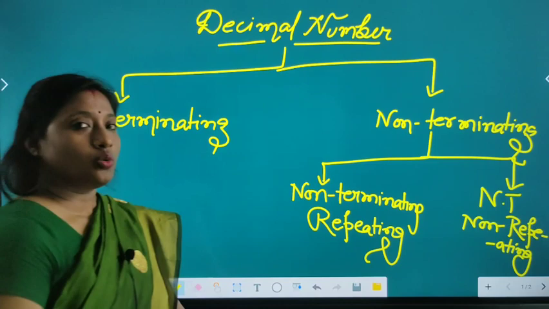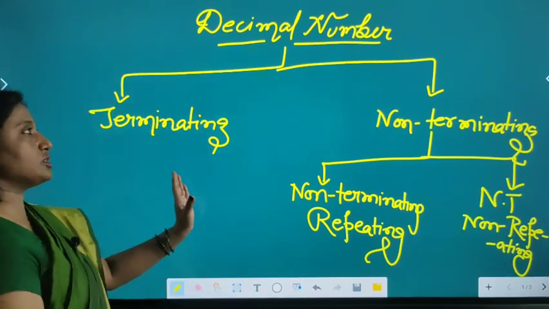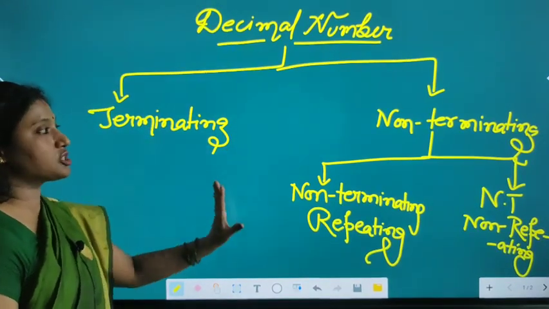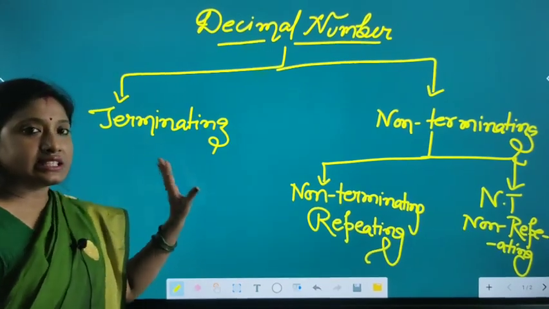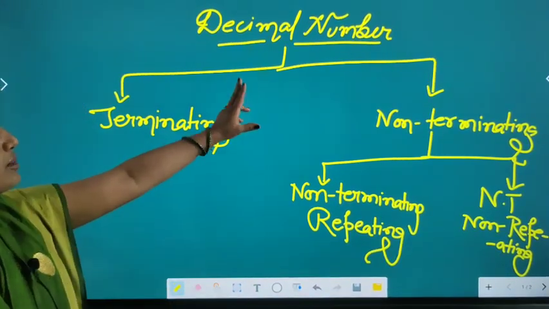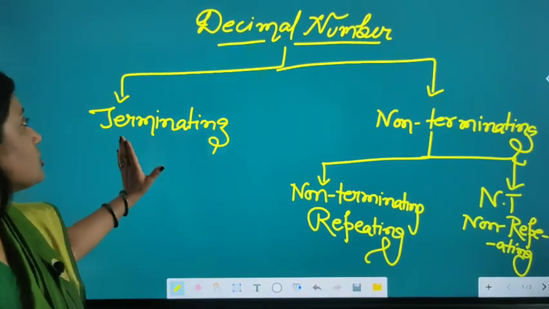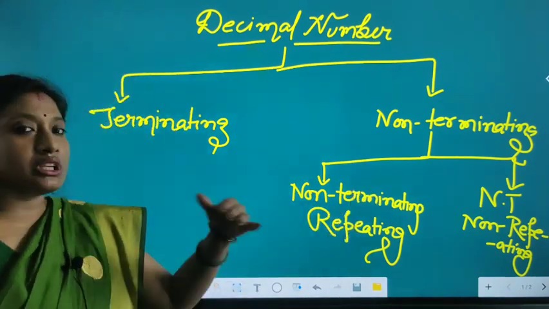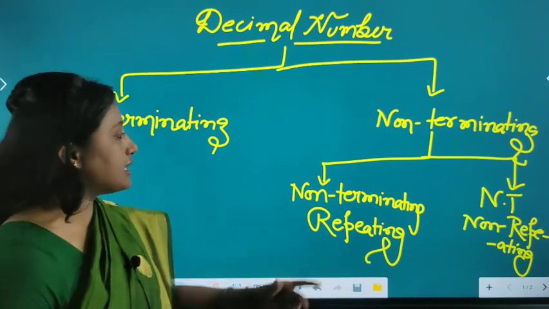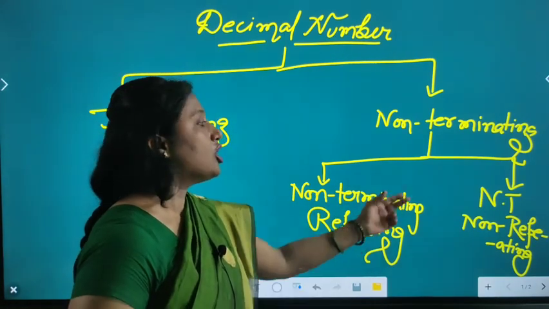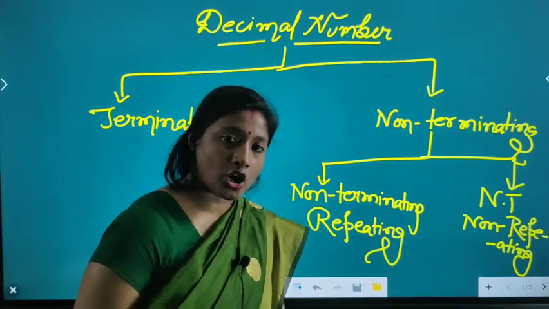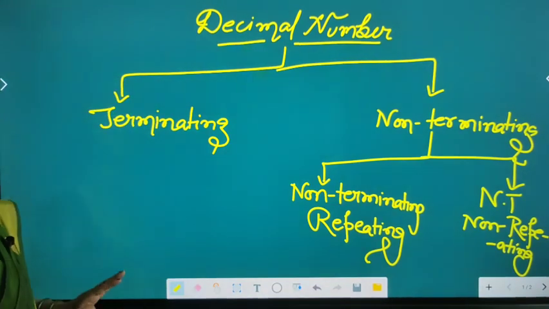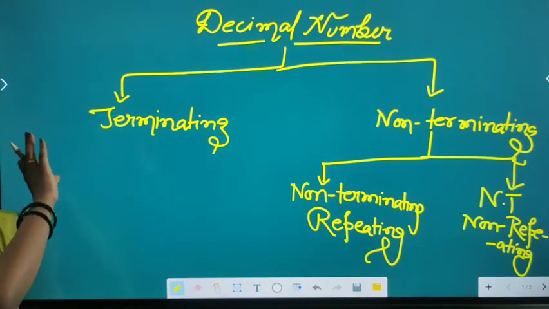What I have explained just now, I have made into a flow chart so that you can easily grasp this. So decimal numbers come under two categories, that is terminating and non-terminating. Non-terminating again falls under two parts, that is non-terminating repeating or non-terminating non-repeating.